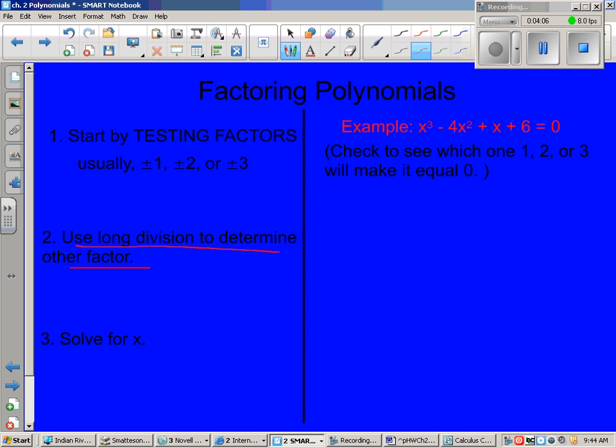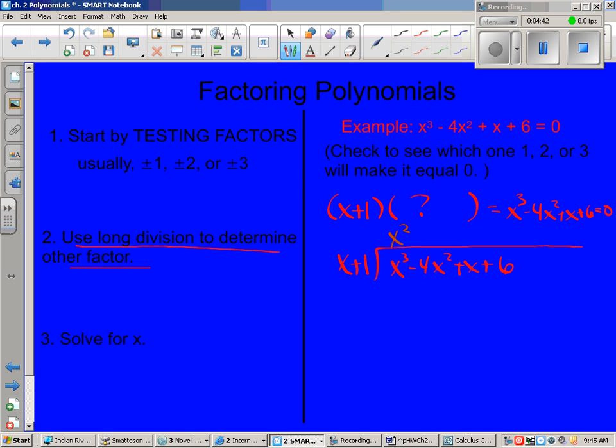Once I recognize that x plus 1 is one of the factors, I'm going to divide x plus 1 into this equation and discover what the other factor is. This is not a lesson on division, but I'm going to show my work as I'm working through this, though I'm probably not going to talk you through it too much.